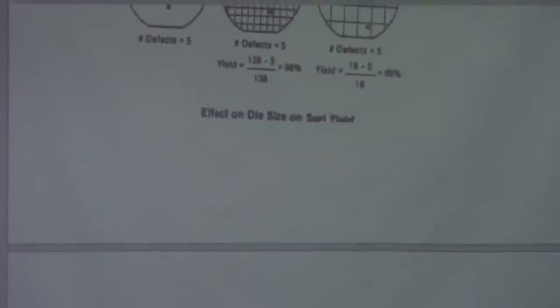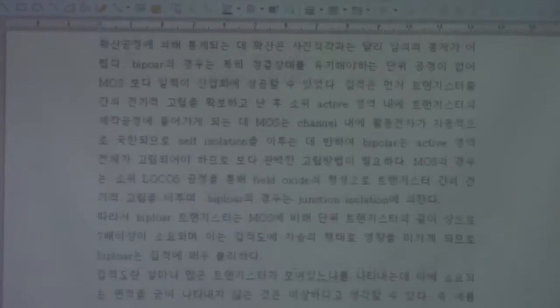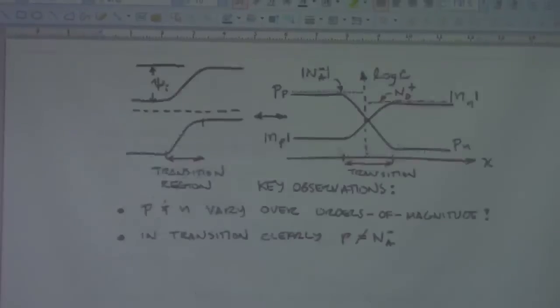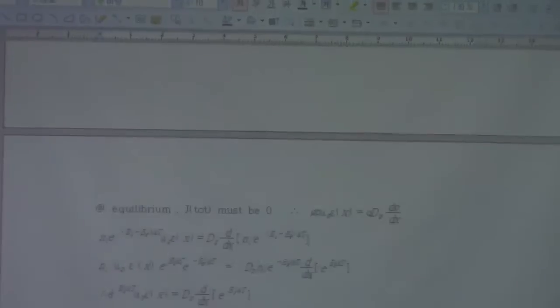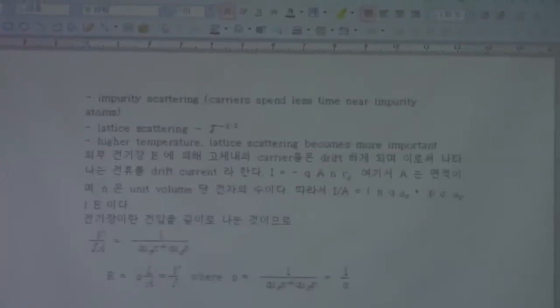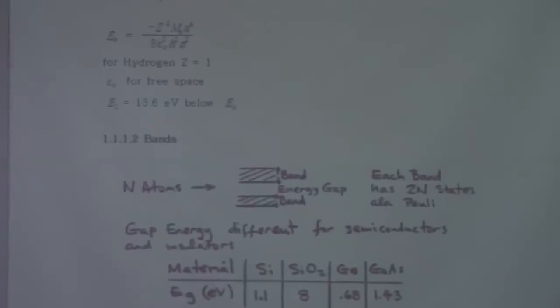Some of them are written in Korean, but I really don't have time to translate everything into English. But next year, probably, we're going to have a textbook, everything written in English, but not this time.